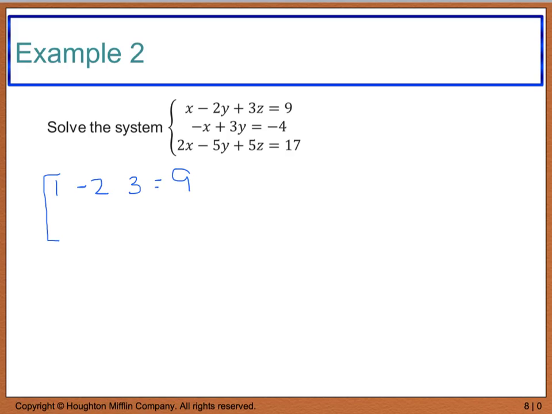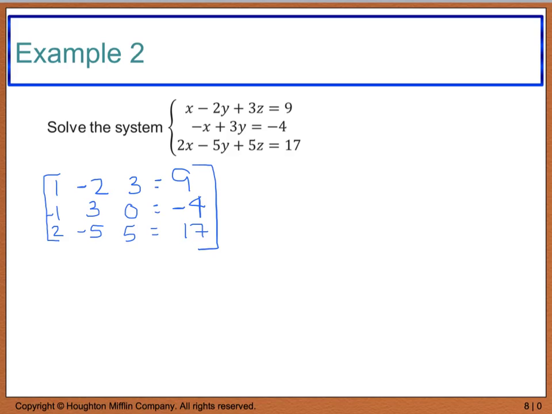I have -1x, 3y, 0 z's, and a -4 for my constant. Then I have 2x, -5y, 5z, and a +17. So here's my augmented matrix.